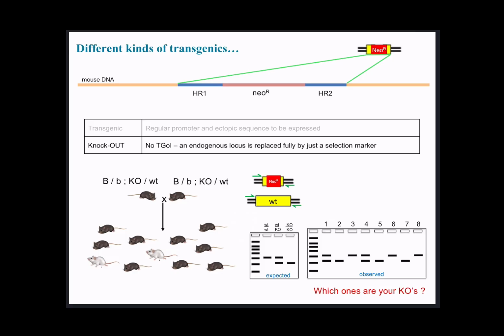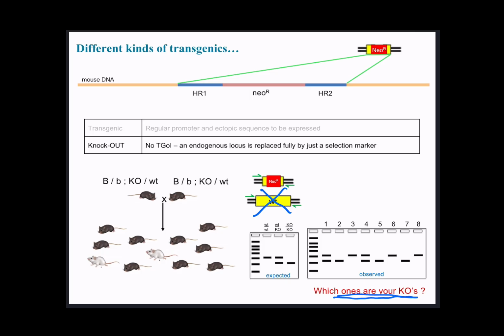So if you proceed with the process of making a homozygote transgenic, but instead of introducing a gene of interest, you simply introduce neomycin resistance, what you've effectively done is take out a gene that you wanted to knock out from the animal. So instead of asking which are our homozygote transgenic animals, essentially what you're asking is which ones among the progeny of the last cross are your knockouts.